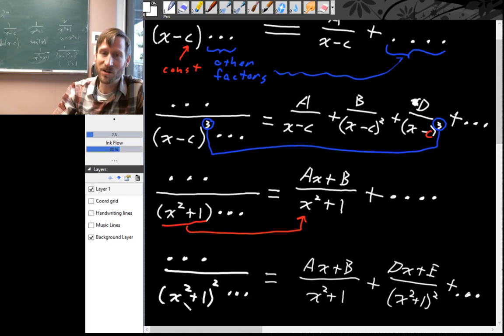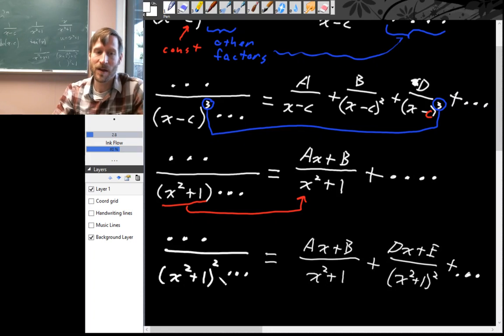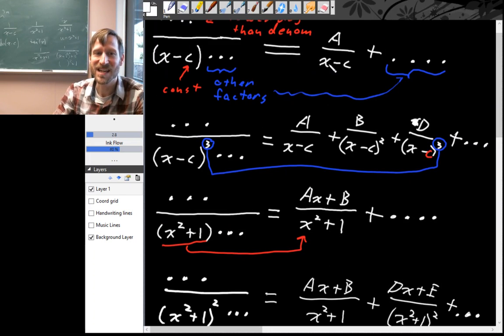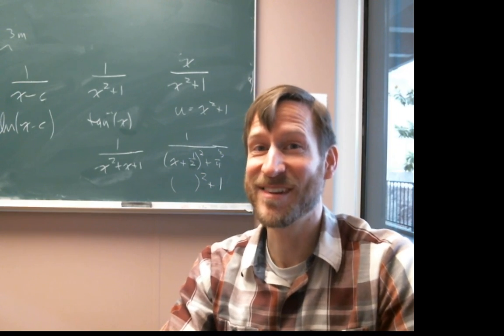So if you factor completely, you will only have these 4 possibilities: a linear, possibly to a power, or an irreducible quadratic, possibly to a power. And the key thing that makes all of this nice is that in each of these situations we are able to integrate. I will explain how that works in the next video.